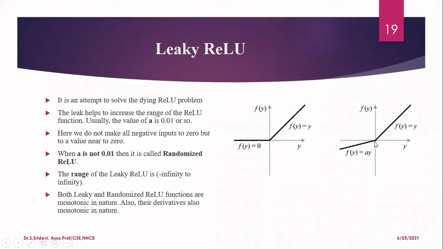Because of that, when you deal with negative input, the output will not suddenly go to 0. It will reduce, it will go to 0 finally, but not suddenly. That is the main advantage here. If you select a as 0.01 always, that is called leaky ReLU. And if you select any value other than 0.01, that is called randomized ReLU. That is the only difference we have here.